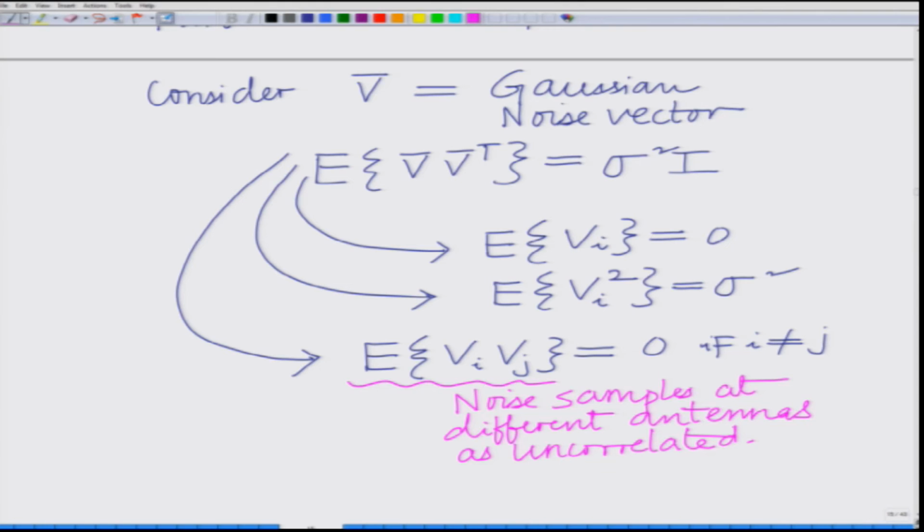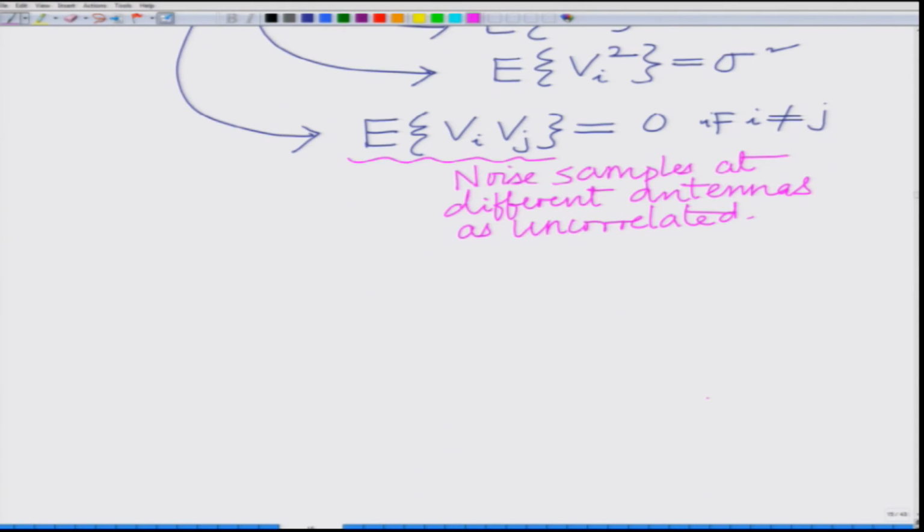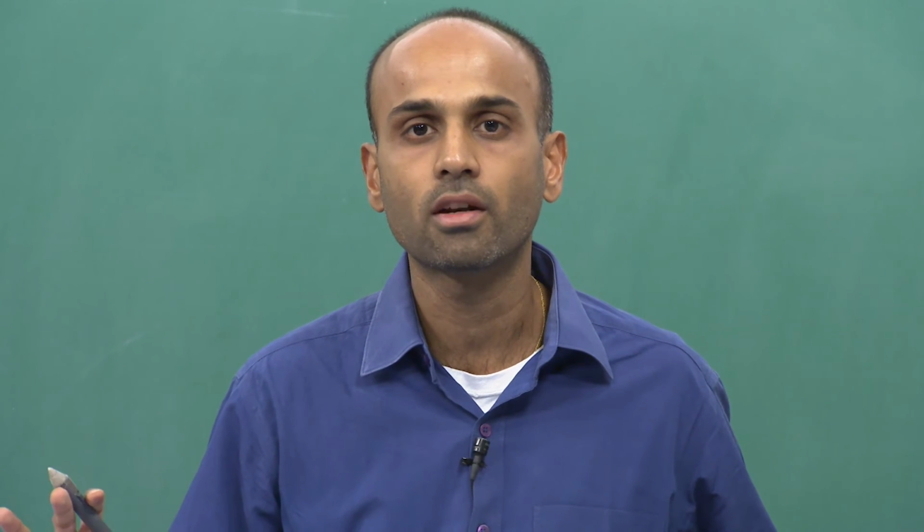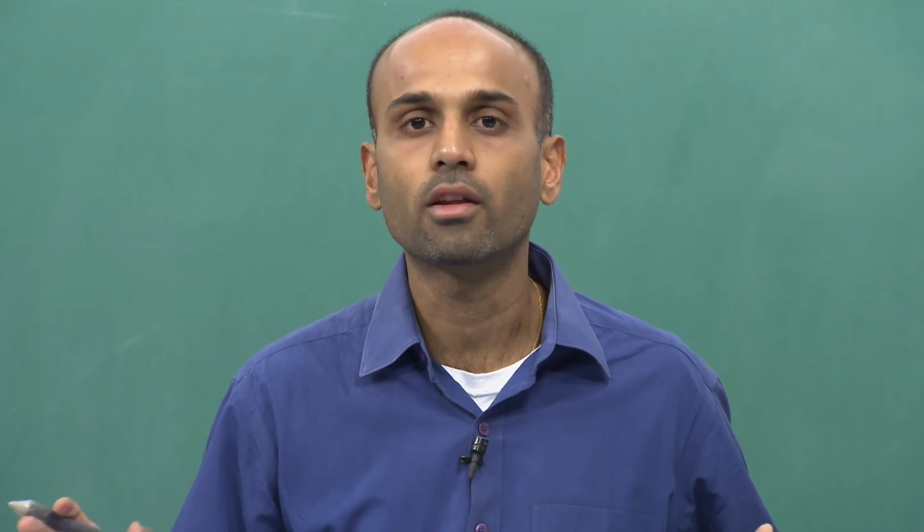So, we have now described the statistics of the problem. We have described the covariance matrix of the channel vector, the covariance matrix of the noise vector, and the cross covariance of the channel and the noise. Okay.